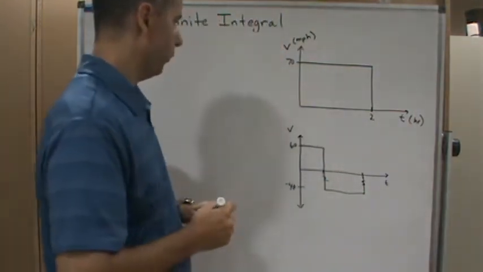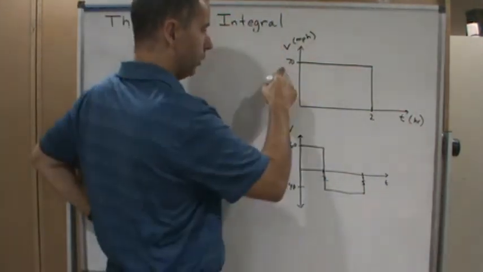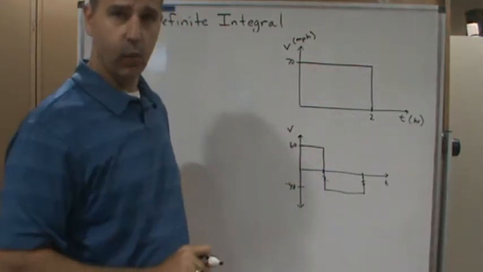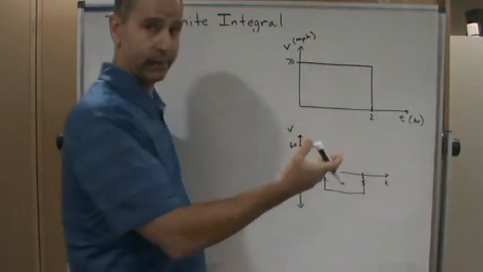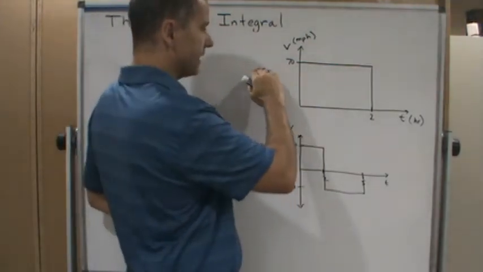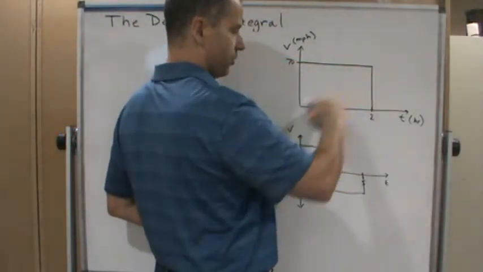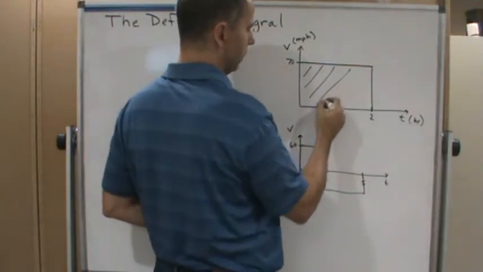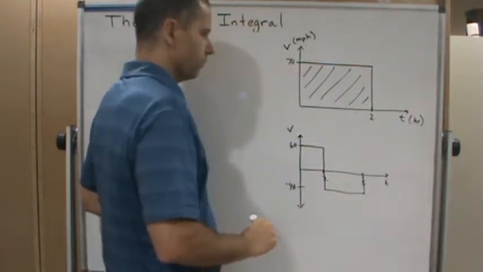For example, here we're going to assume constant velocity, so that's the easiest one to deal with because we're just dealing with a rectangle. If velocity is constant, then the area under the curve is just a rectangle, so really easy to calculate.